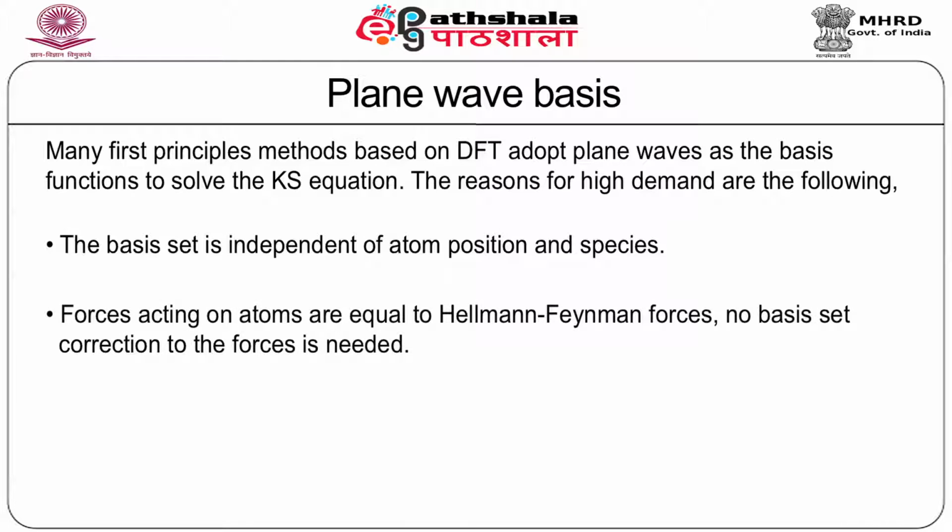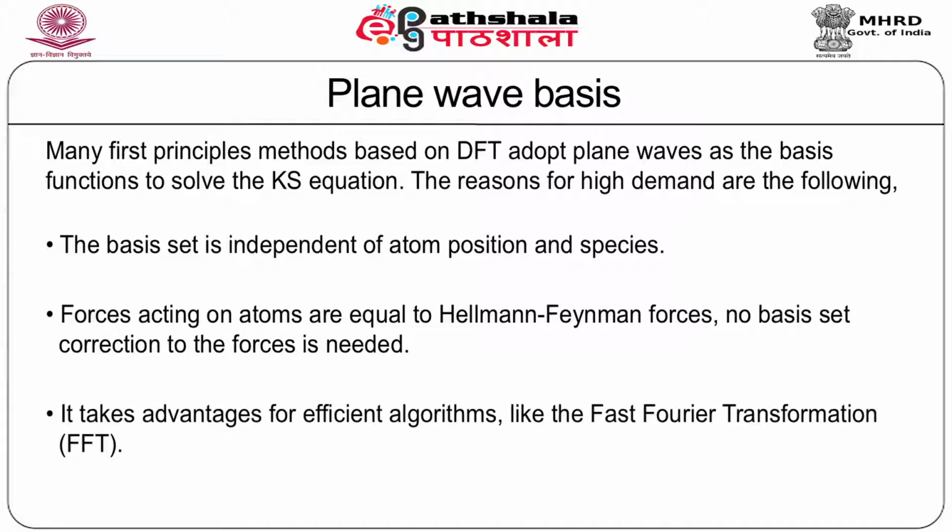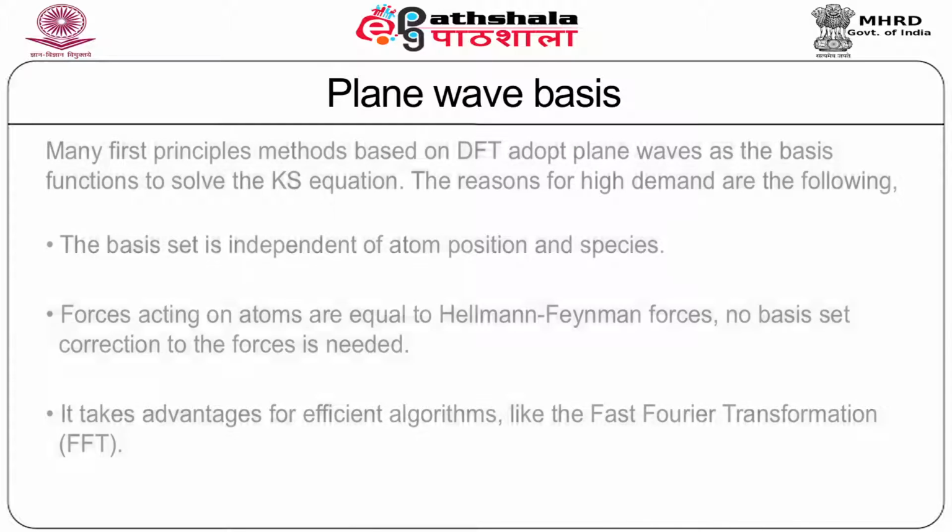Secondly, forces acting on atoms are equal to Hellmann-Feynman forces, thus no basis set correction to the forces is needed. Thirdly, and most importantly, it takes advantage of efficient algorithms like the fast Fourier transformation.